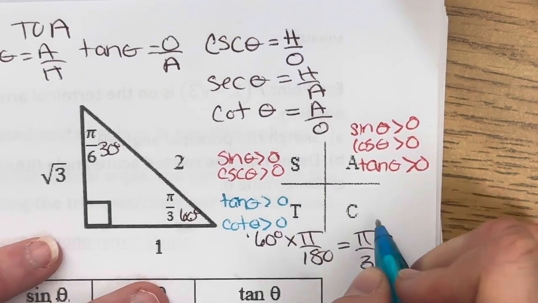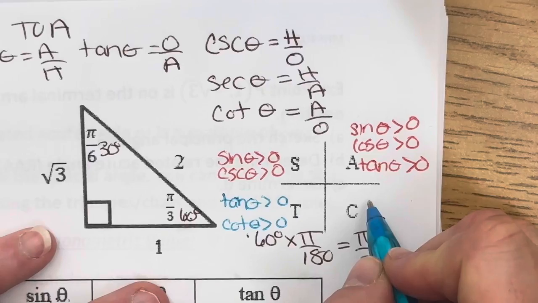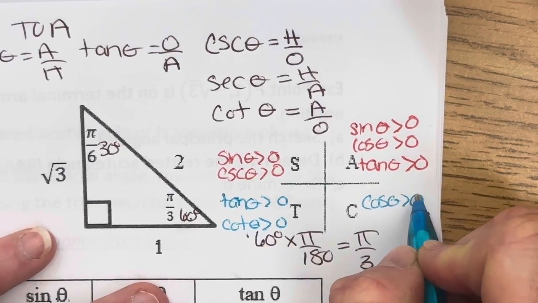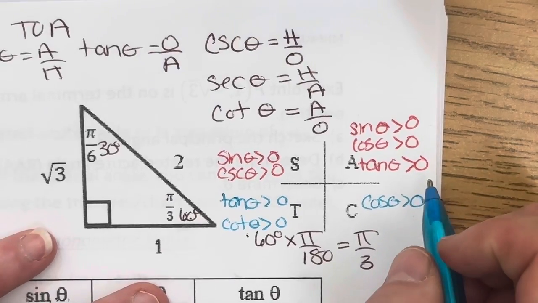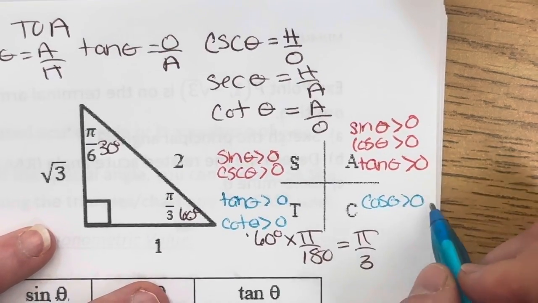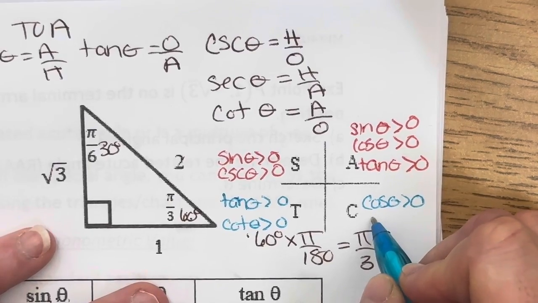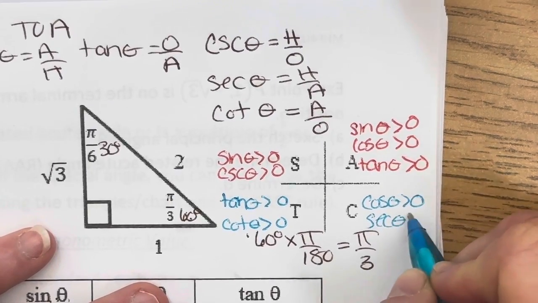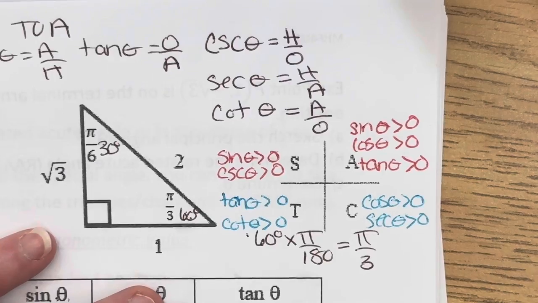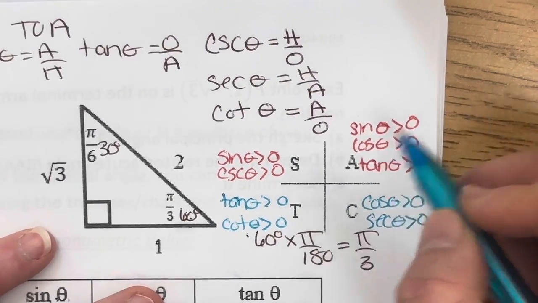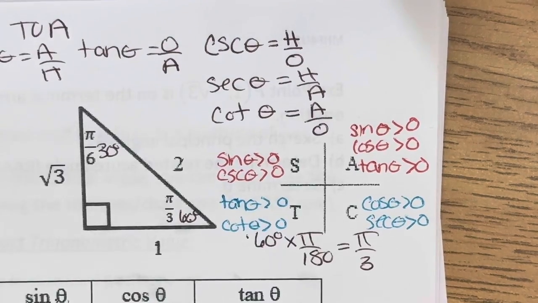And lastly, in the fourth quadrant with C, the cosine ratio is greater than 0, and its reciprocal, secant of the angle, is greater than 0. As a reminder, All means even the reciprocals are positive.